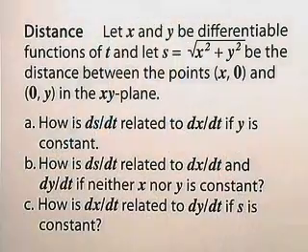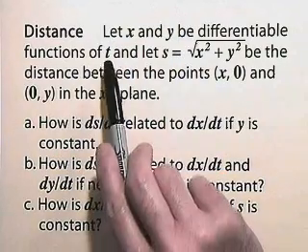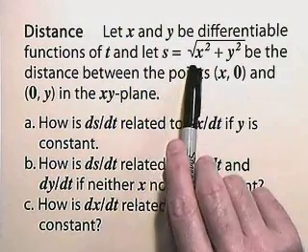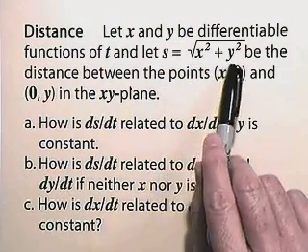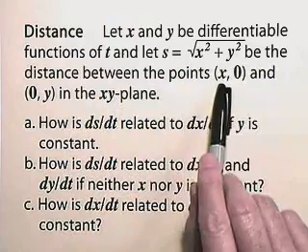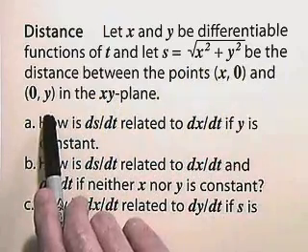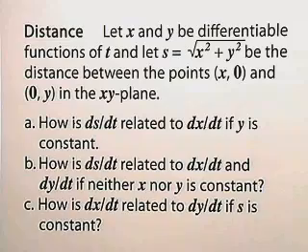Well, in many problems of related rates, we have to deal with the Euclidean distance formula in terms of rectangular coordinates. So it's interesting to see how the distance between 2 points varies as the coordinates change. Let's look at this in a little more detail. Distance. Let x and y be differentiable functions of t, and let s equal the square root of x squared plus y squared be the distance between the points (x, 0) and (0, y) in the xy plane.